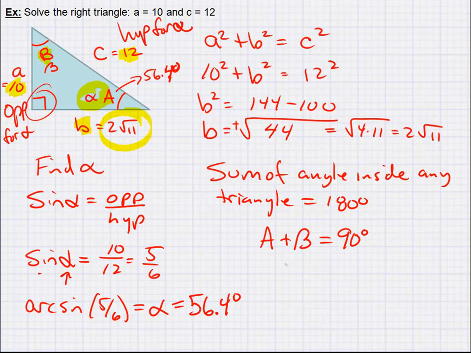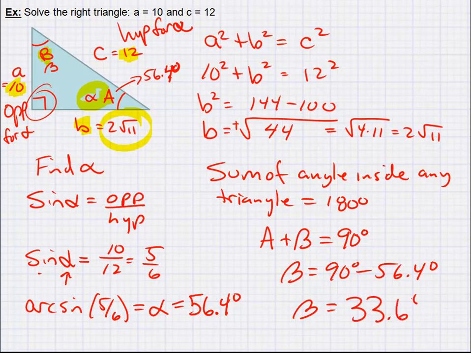So if I know that A is 56.4, then beta is going to be 90 minus 56.4. In that case, beta equals 33.6 degrees.